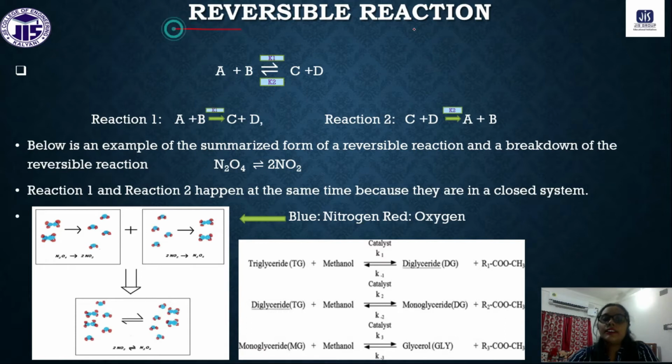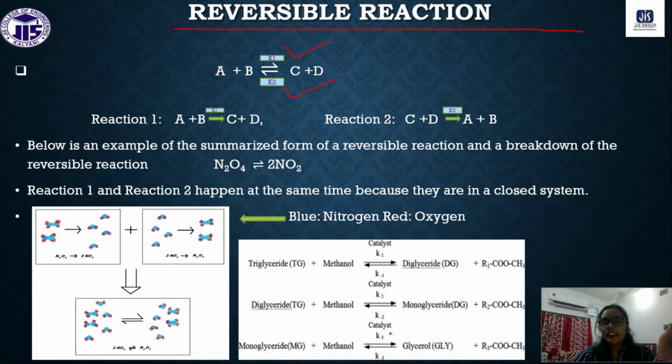Now this is a reversible reaction. As I told you, in a reversible reaction the forward direction reaction and backward direction reaction take place at the same time. If the rate constant for the forward reaction is K1, for the backward reaction the rate constant is K2.